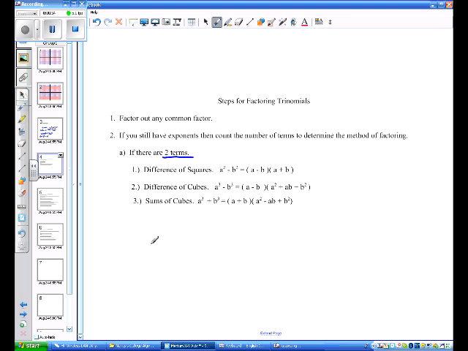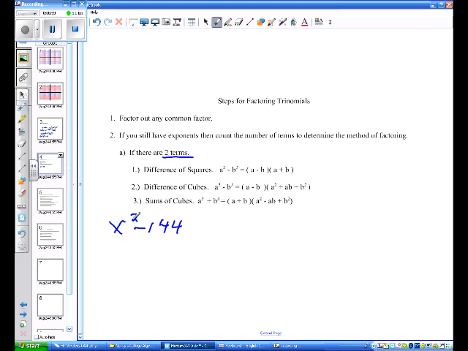So let's start with this problem. If we have x squared minus 144. Now we'll check to see if we have a common factor, which we don't. And what we notice is we have two terms. We still have an exponent, and we have two terms.